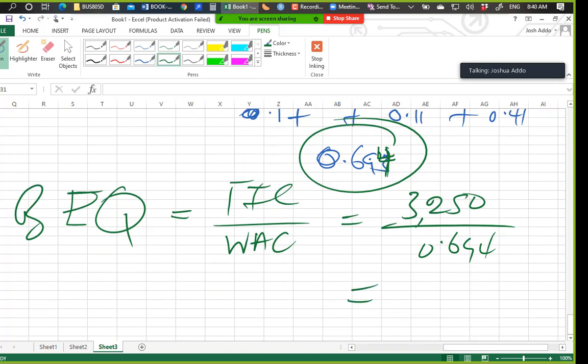What will this figure be? It should be approximately that same figure you got. What will this be? 3250 divided by 0.694. I'm waiting for your response. 4682. 4682.99.